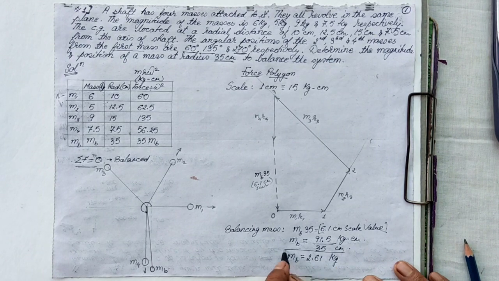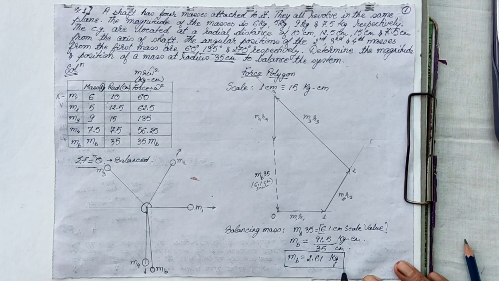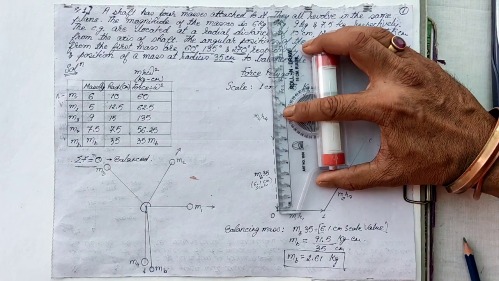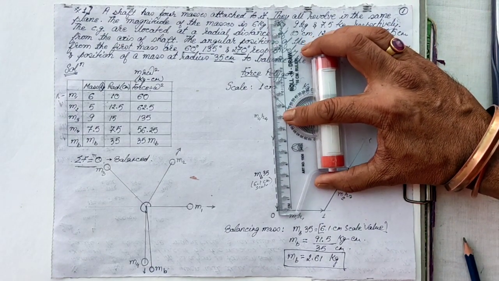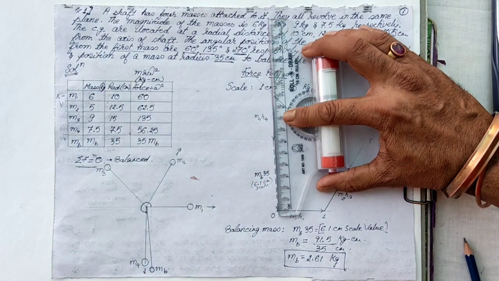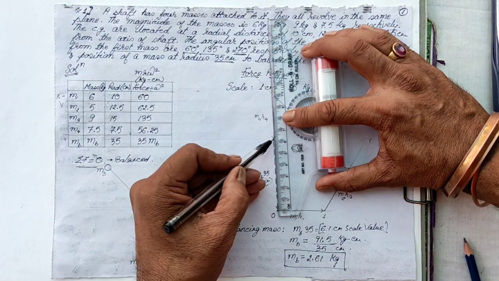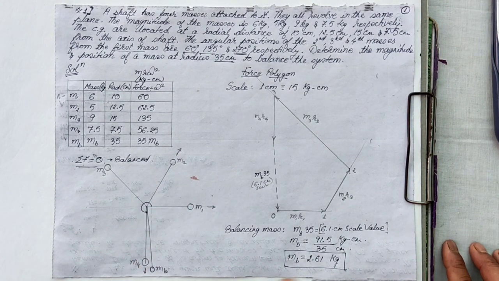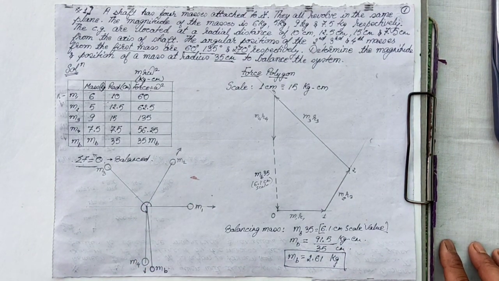In my case, there can be a little bit of error in the system, as I am doing it in quite a crude fashion. Somewhere it is 6.1. So more or less, somewhere 2 to 3 kg should be the balancing mass.